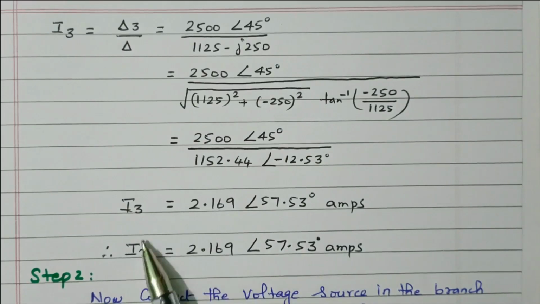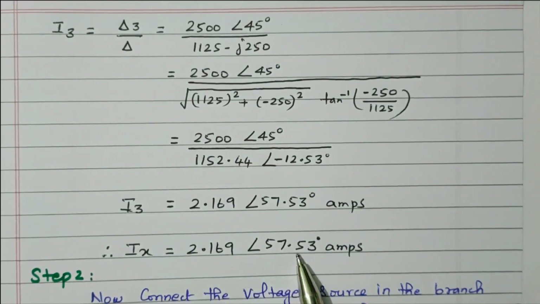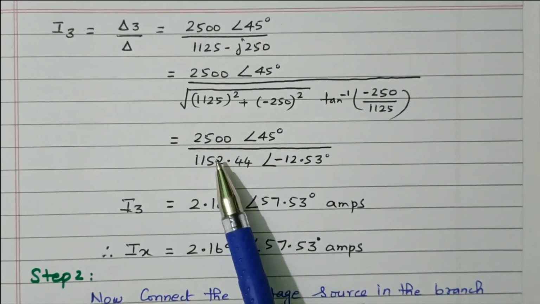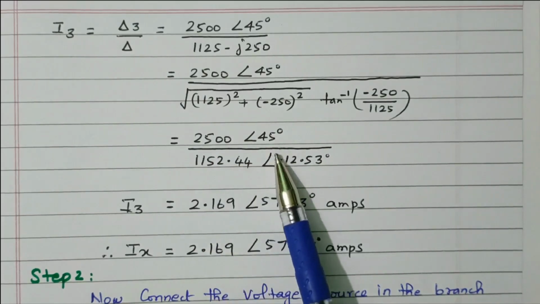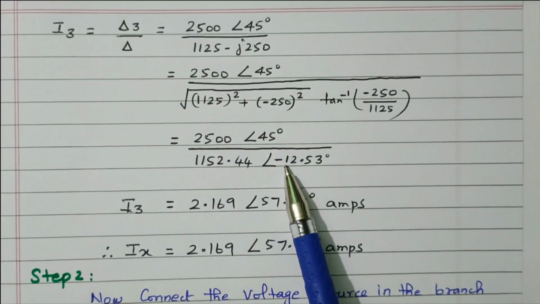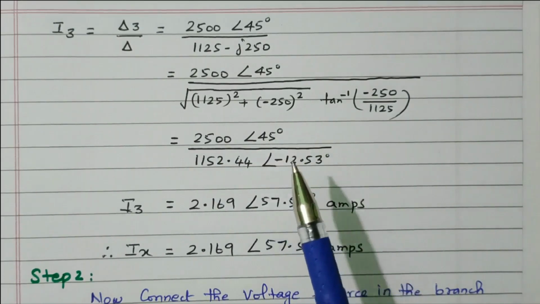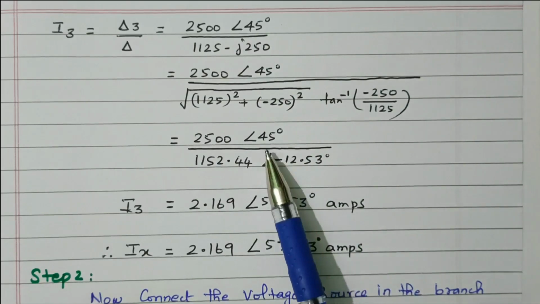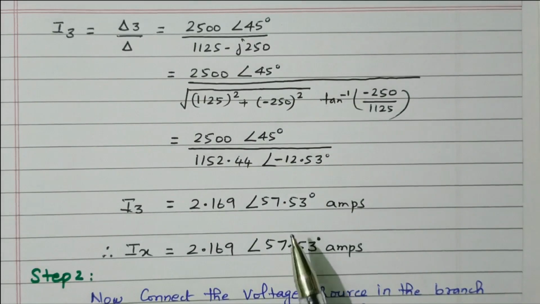So the Ix value, I3 is nothing but Ix, both are same: 2.169 with an angle 57.33. Right? So division means these two magnitudes are divided, these two angles are subtracted. Multiplication means the angle should be added. So 45 minus of -12.53 becomes plus, so 45 + 12.53. So that it is 57.33.